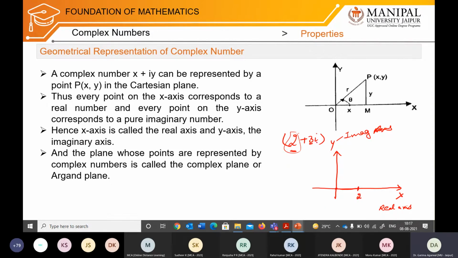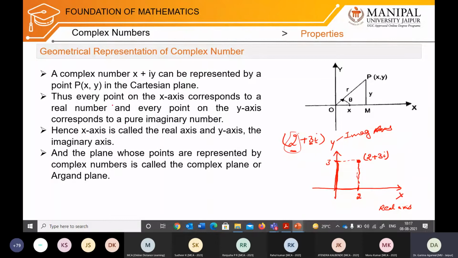Then 3 iota: 3 means 3 unit distance from the origin on the imaginary axis, because of this iota. So where can we denote 2 plus 3 iota? This is the point where we can write 2 plus 3 iota, right?